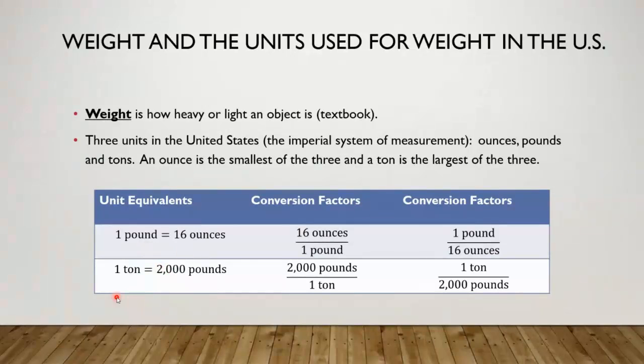So that's what we got here. And again, just like before, you can really just get these conversion factors. It really just boils down to dividing. And that's what we get here.